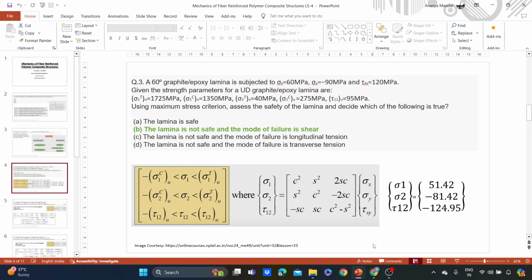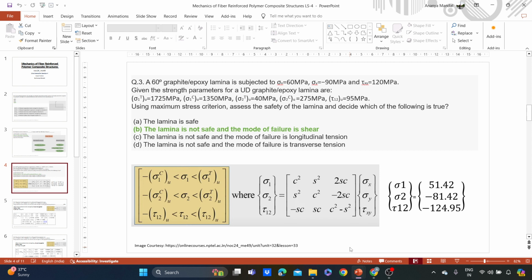Ma'am, how are sigma 1, sigma 2 and tau 12 calculated? Can you repeat your question?